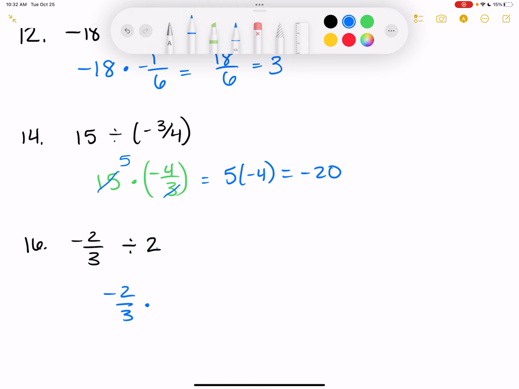Yep, 1 over 2. So if it's just a whole number, we always write it as 1 over whatever it is. If it's a fraction, we flip it. So now my 2's can cancel here. So that leaves me with what? 1 over 3. Yep, and then don't forget the negative, so negative 1 over 3.